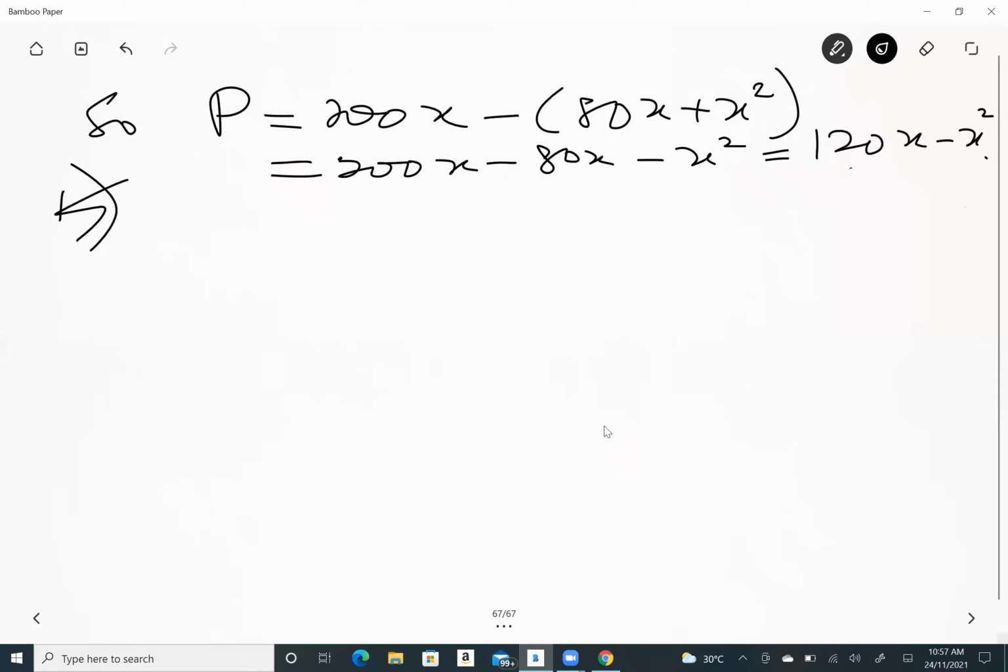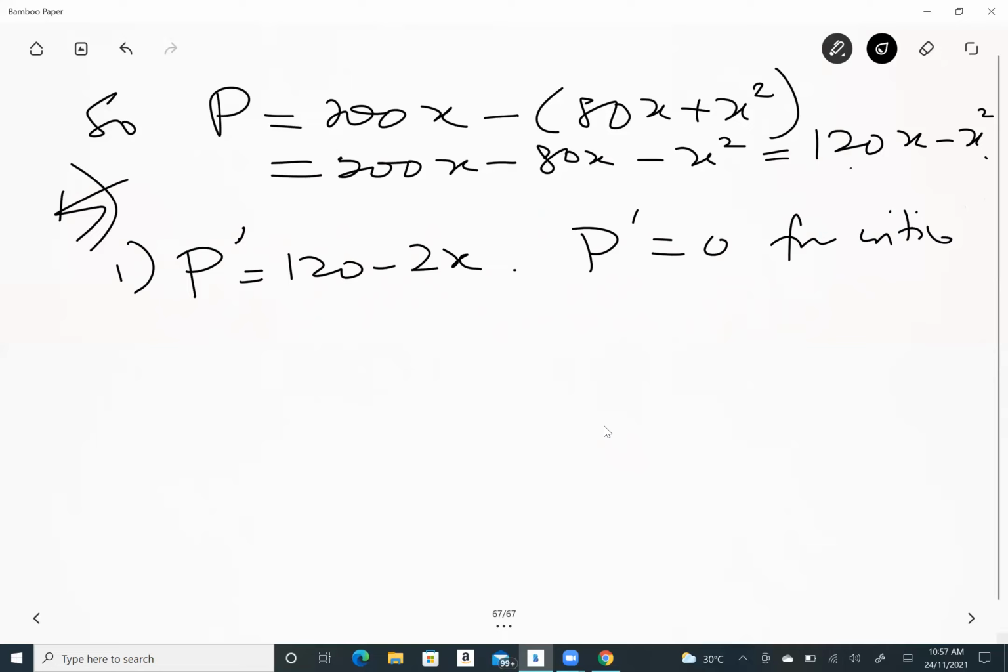Okay, and then you do the second derivative, you will get maximum. So number one, you get the critical point. So P prime is equal to 120 minus 2x. So P prime equal to 0 for critical point.